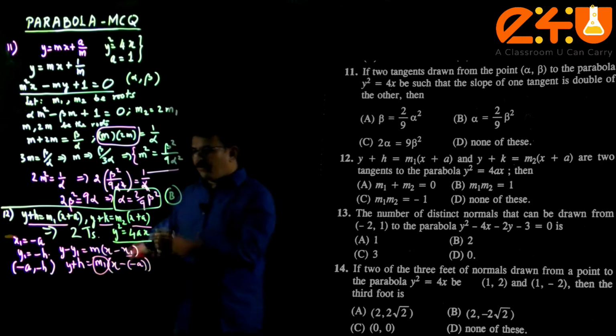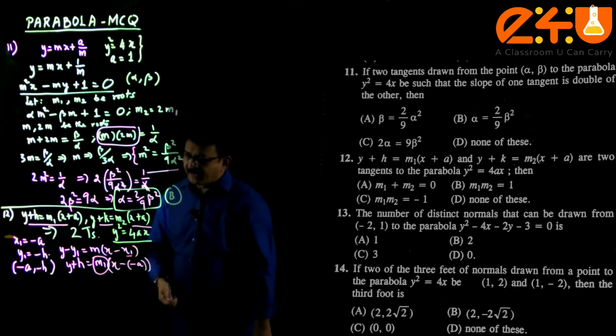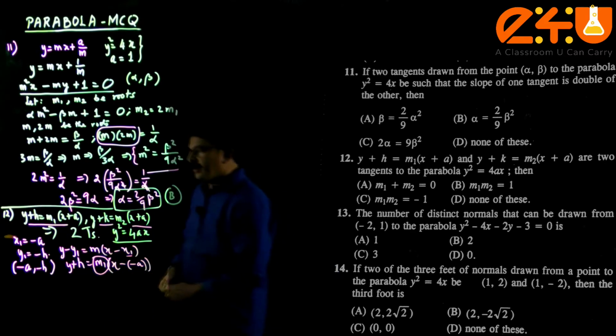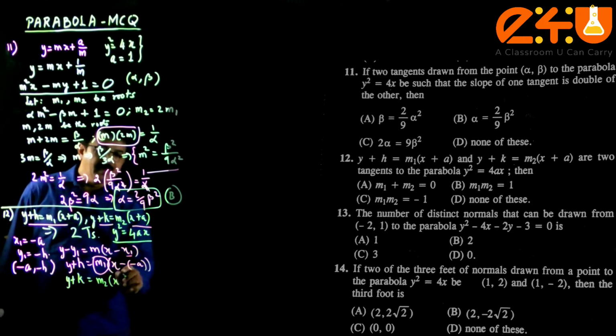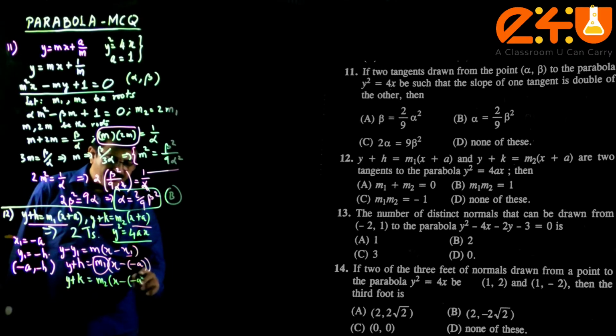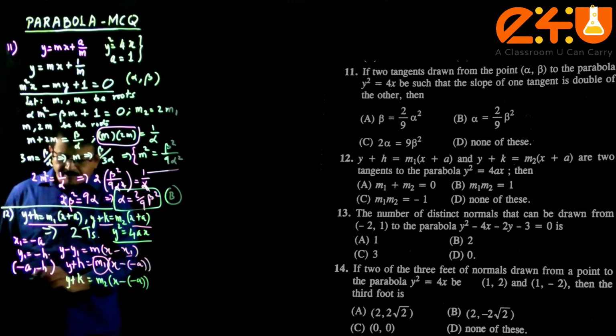Now focus on the second line. The second line has y plus k is m2 times x plus a, again minus of minus a only. So comparing, what is the x1?